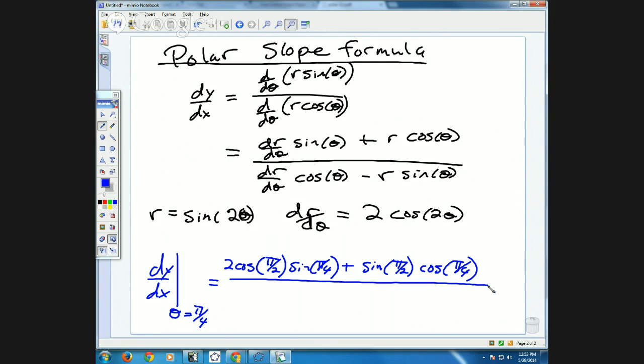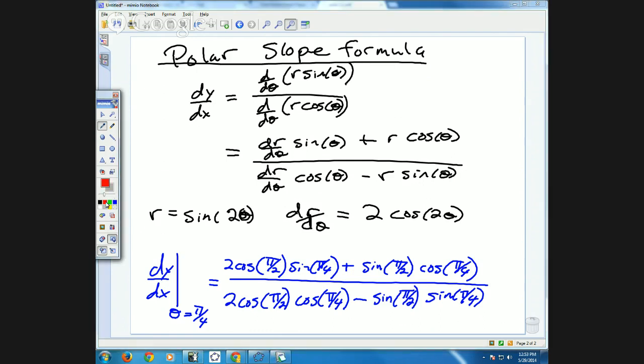I want dr d theta, so that's 2 cosine pi over 2 times the cosine of pi over 4 minus the sine of pi over 2 times the sine of pi over 4. All right, and some stuff is going to zero out here.